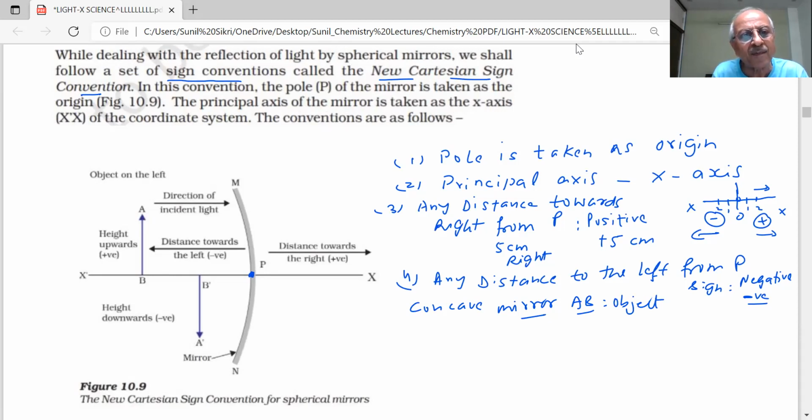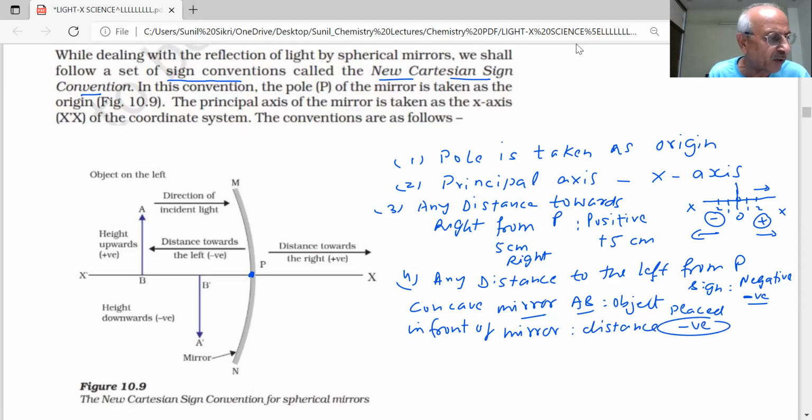So this distance will be negative. For a concave mirror, if AB is the object, it is placed in front of the mirror, so this distance will be negative. Is it clear? Yes or no?